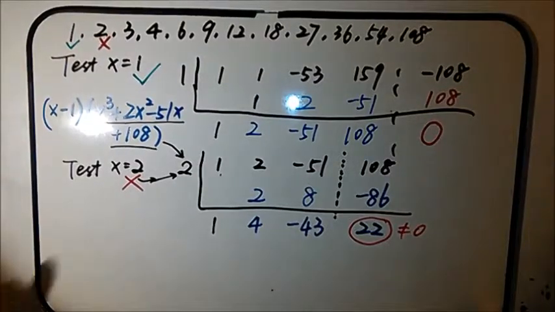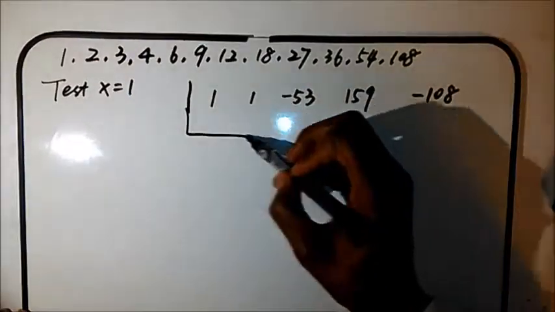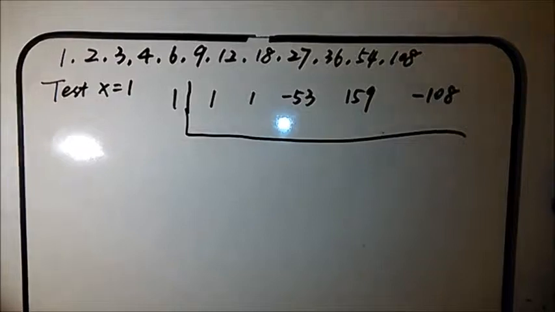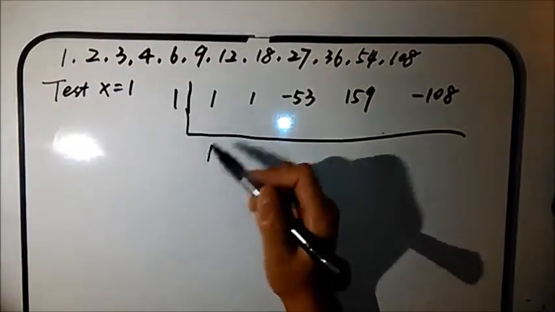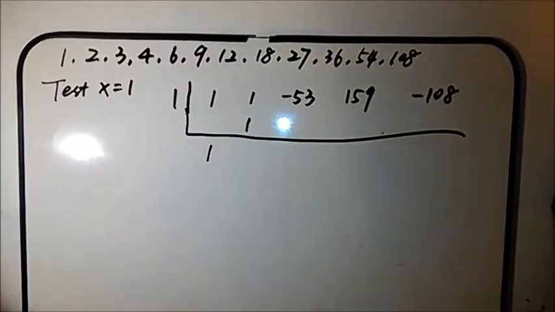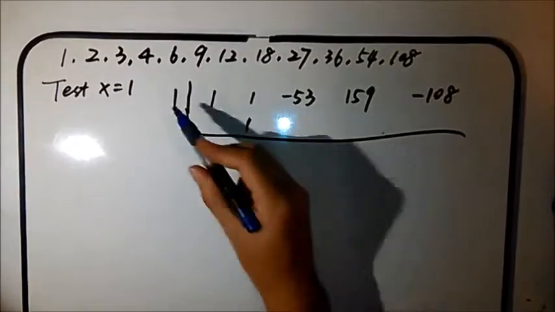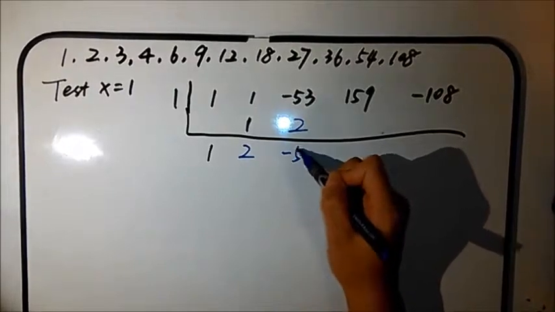We're going to test for x is equal to 1. Okay. Then bring down your 1. 1 times 1 is 1. 1 plus 1 is 2. 2 times 1 is 2. Negative 53 plus 2 is negative 51.